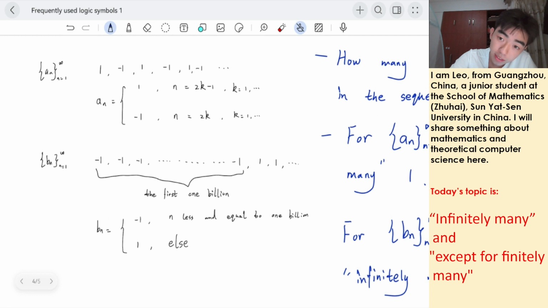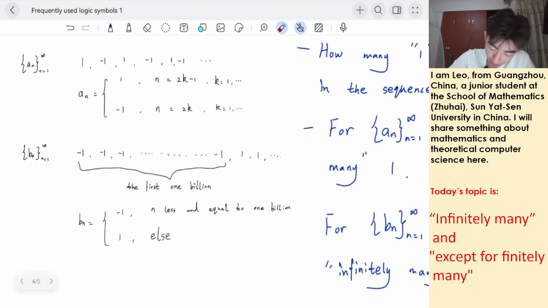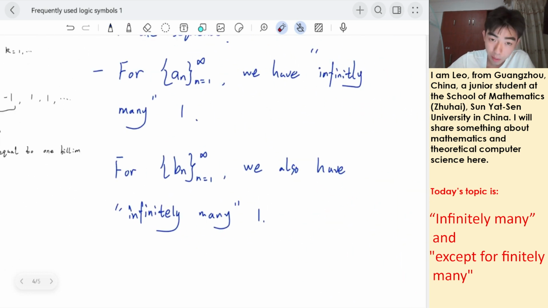But the sequence goes to infinity, so we also have infinitely many 1s for bn.